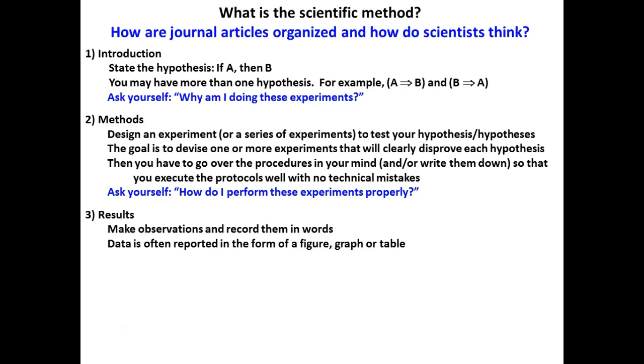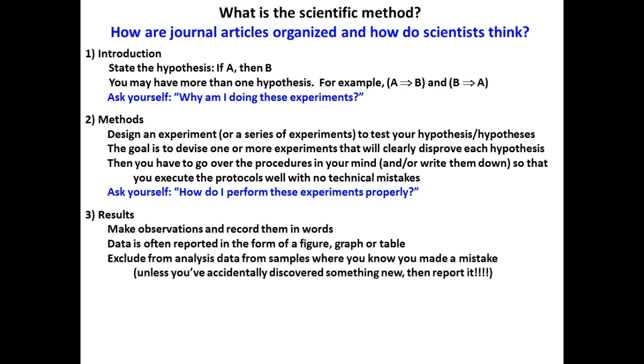Sometimes they'll present results in data or graphs, but the information is going to be there, our observations of what we saw. Unless you've accidentally discovered something new, you're going to, of course, eliminate results when you know you've made a mistake. When you know you didn't do something correctly, you can't write down those results. They would screw up your experiment.